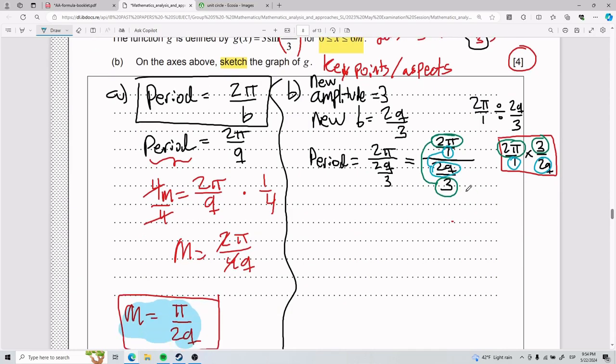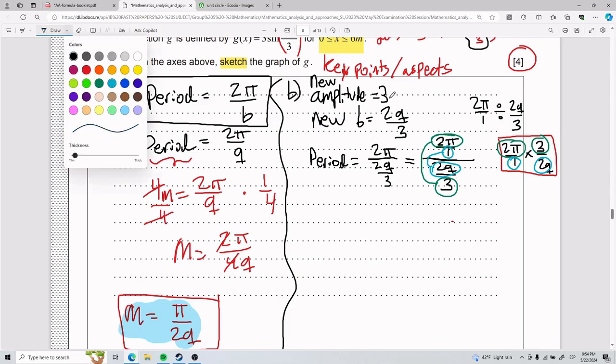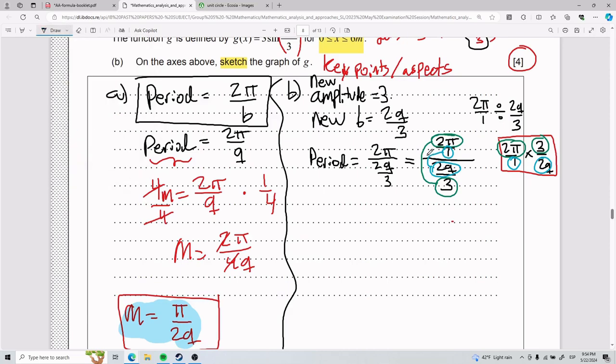Interesting. And so you can just do the edges times the edges and the inners times the inners, and you get the same result. And so that's how I like to do it. I think about the edges times edges and the inners times inners for big fractions. Okay, whatever, to each their own. See, point is, you're gonna end up with 6 pi divided by 2q.